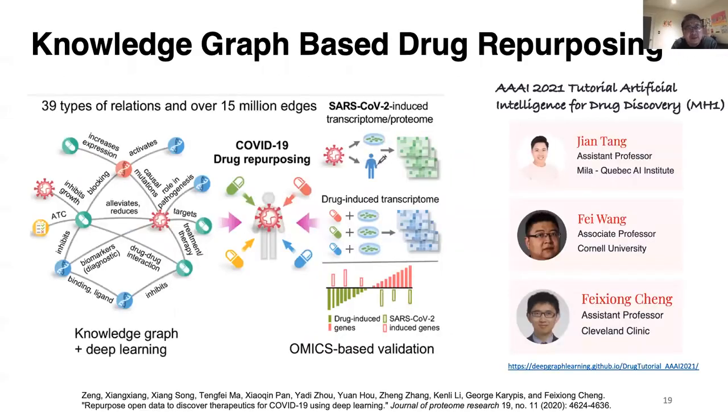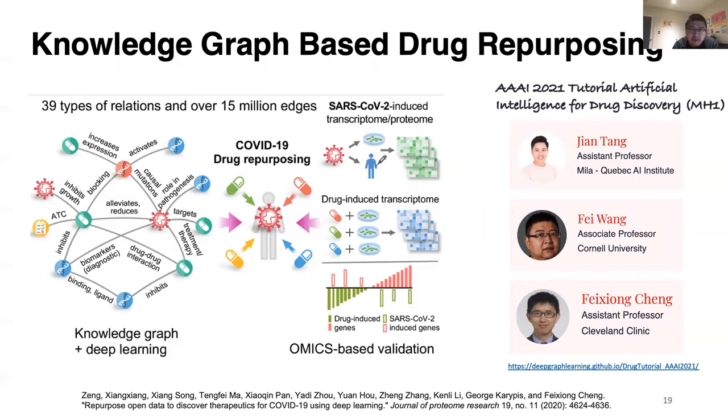And this is a paper published by my colleague Feixiong Cheng's team in collaboration with Amazon, where they constructed a huge knowledge graph, which includes 39 types of relations over 15 million edges, and they use machine learning, especially network embedding approaches, to look for potential repurposing drug candidates.